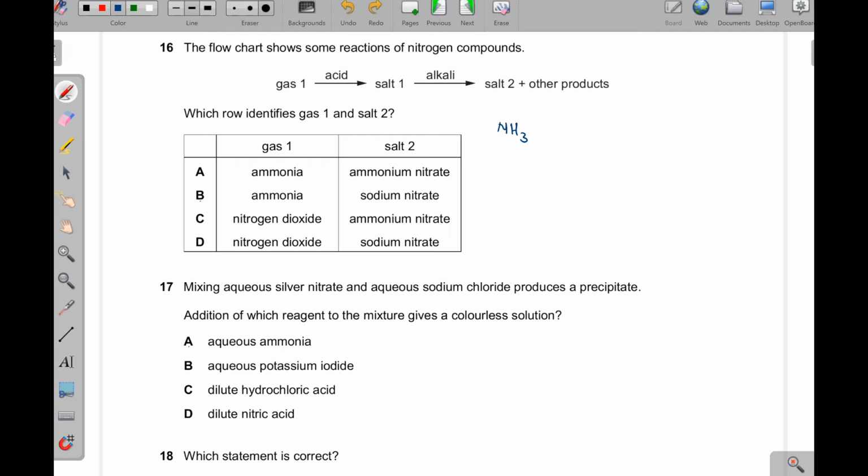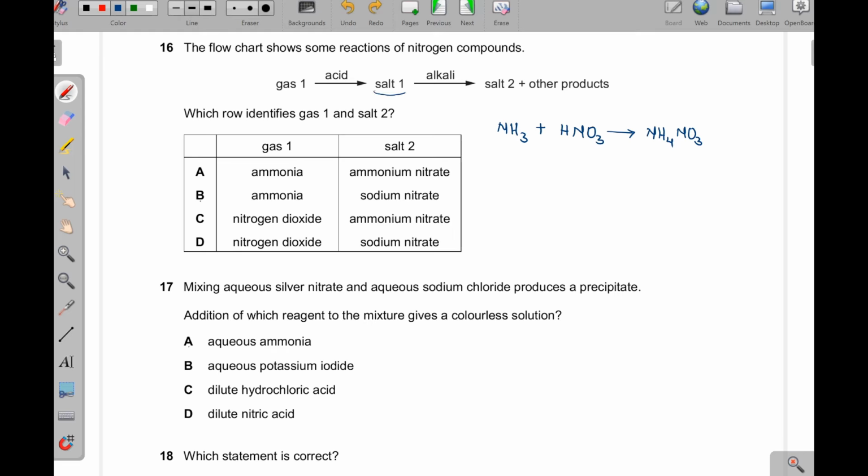Now, ammonia plus an acid. Here we are seeing a nitrate. A nitrate comes from nitric acid. So we shall get ammonium nitrate.